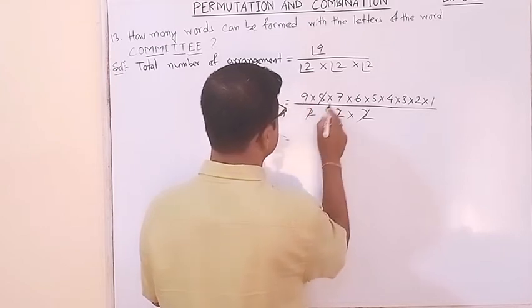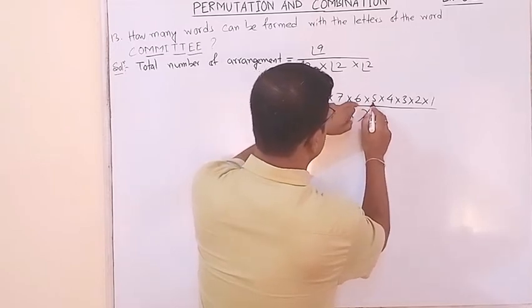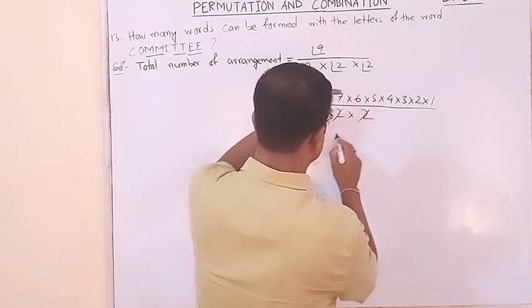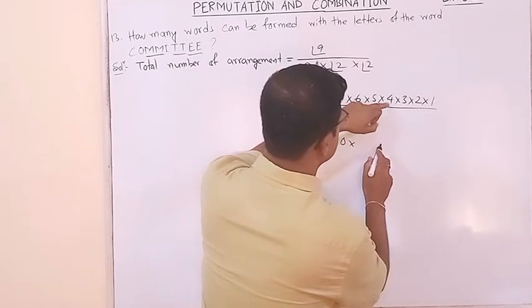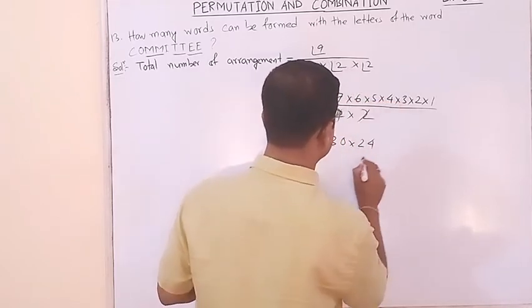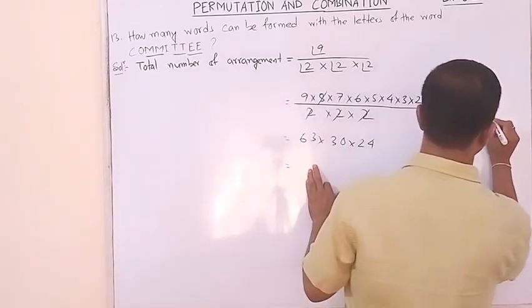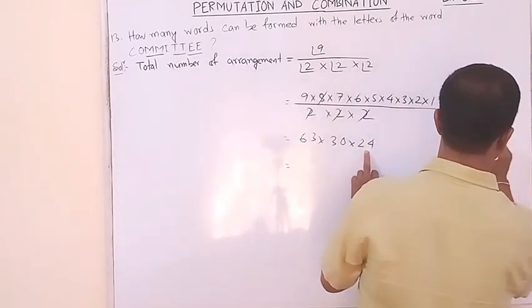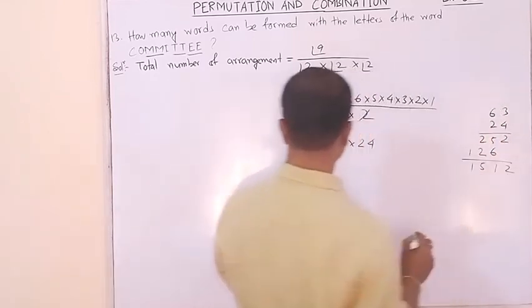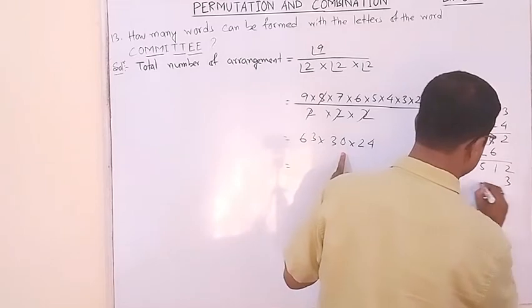This is 9 into 7, 63, into this 30. This is 30 and this is 24. Correct? So let us multiply. At first this and this, 63 into 24. Okay, these two are multiplied. Then again let us multiply with 30. Let us multiply with 3. Then we will put 0.